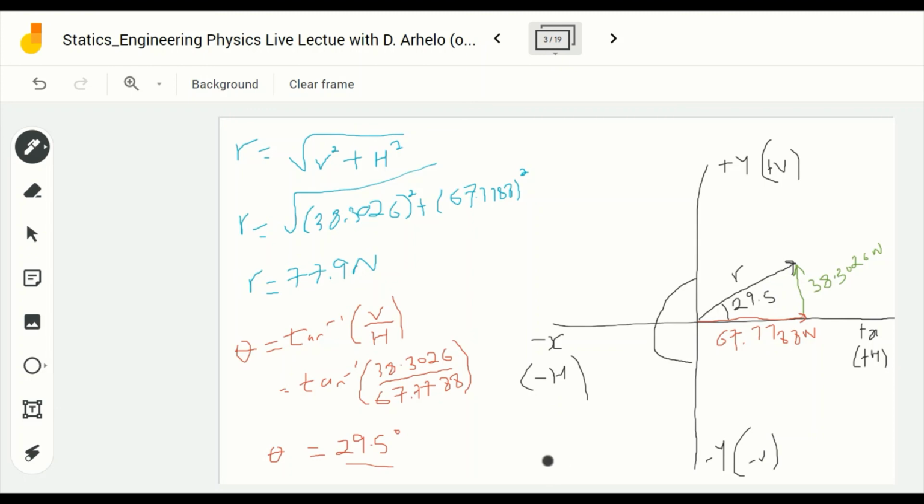So therefore my resultant is 77.9 Newton at 29.5 degrees. So that is our final answer.